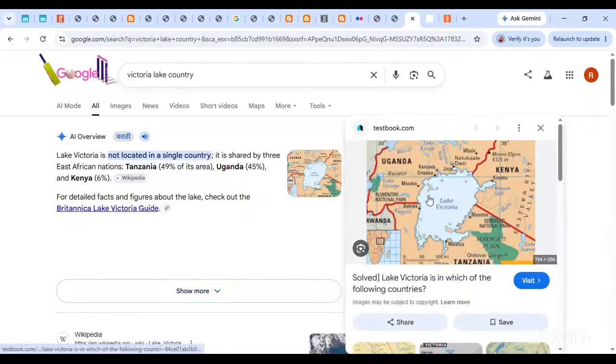Let's look at this lake, Lake Victoria, a famous lake over here. It is shared by Tanzania below, then Kenya on the east, and then Uganda. So this is where Lake Victoria is. All right, just in case we forgot. I thought it was just two countries, it is three. I had not taken Kenya into consideration. Okay, no problem.